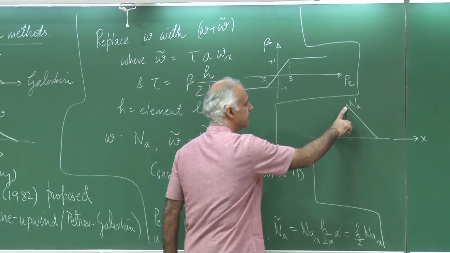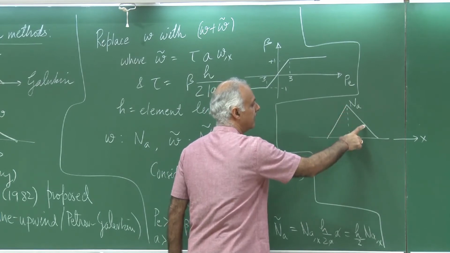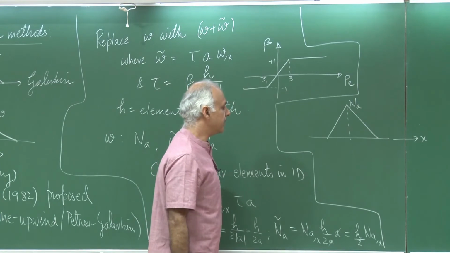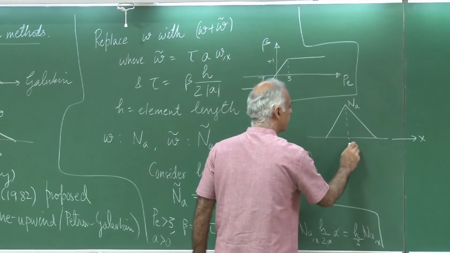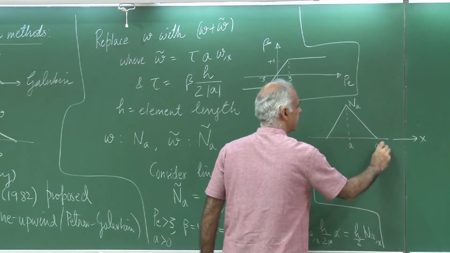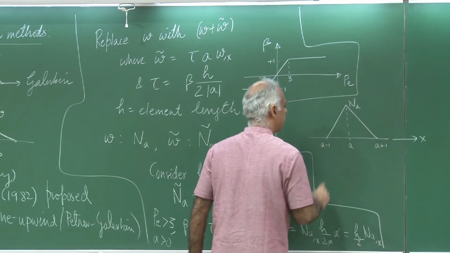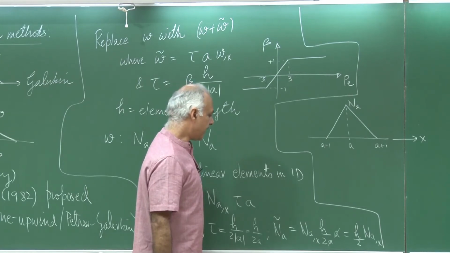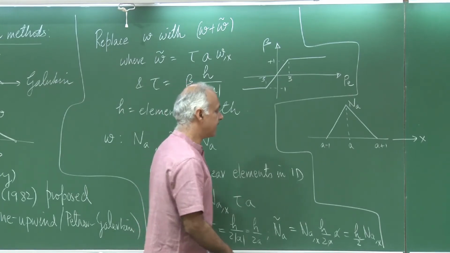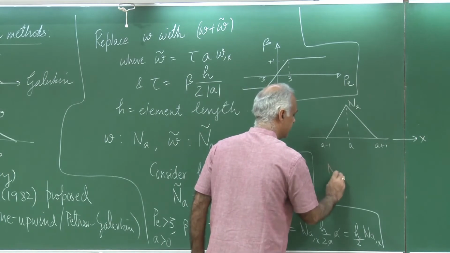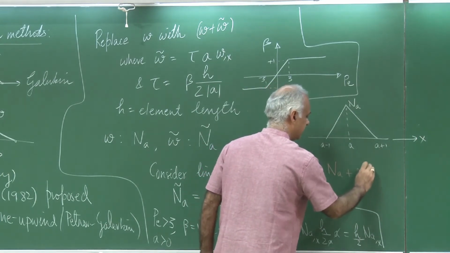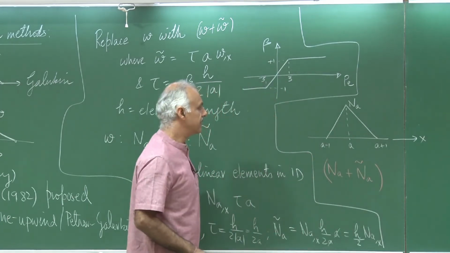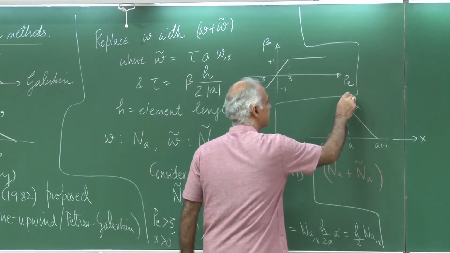NA comma x is a constant positive value on one element and a constant negative value on the other element. So, this is node A, this is A plus 1, this is A minus 1. Okay. So, if I now try to plot NA plus NA tilde, which I will do here, in the red color, then it would look something like this.